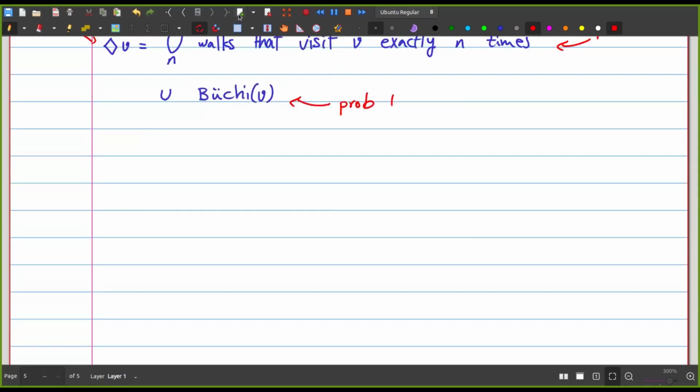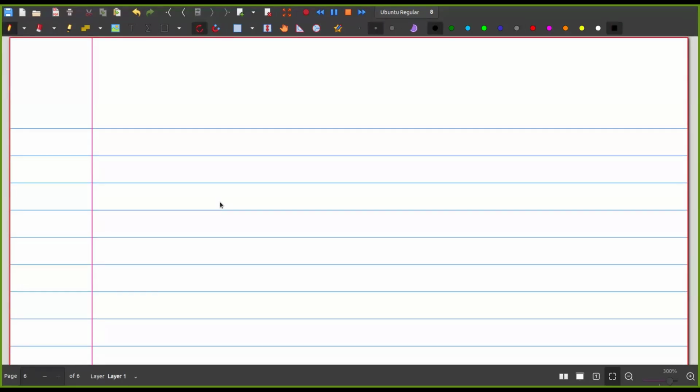So now let's just look at what happens if my Markov chain, and again, when I say Markov chain, I mean the Markov chain where the probability of every edge is non-zero. I want to see what happens if my Markov chain is strongly connected. So I'm going to say, suppose the underlying graph G is strongly connected. So it just has one strongly connected component. There is a path from every vertex to every other vertex.